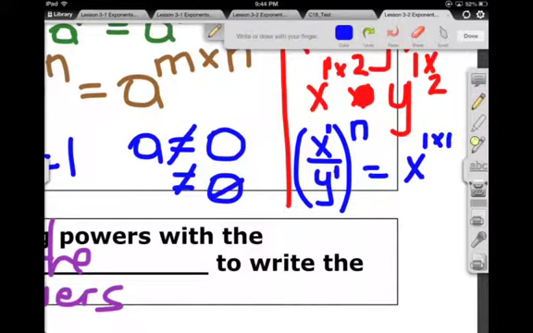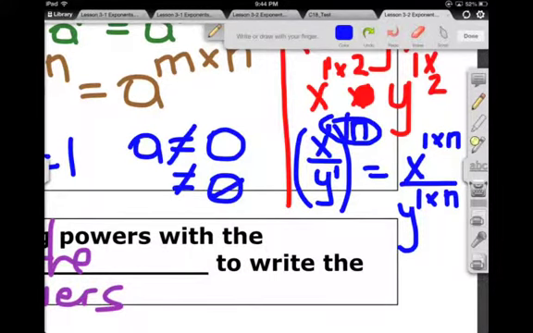Whatever x's exponent is, this is just power of a power, over y's exponent with power of a power. So I'm just using a 1 as an example. And we're left with this result. So this is just a sneaky power of a power game right here. Okay, and then I'll just undo that so you can see it.